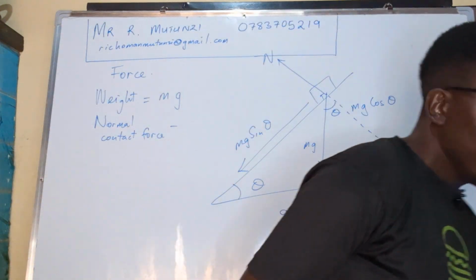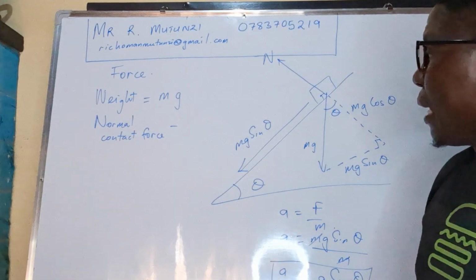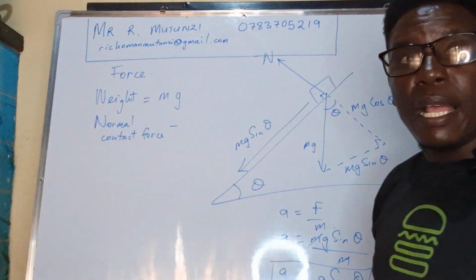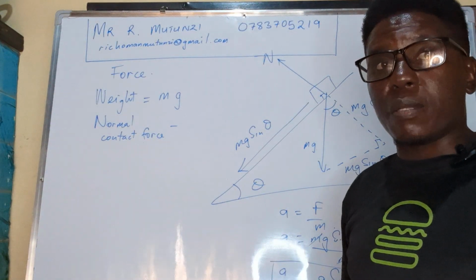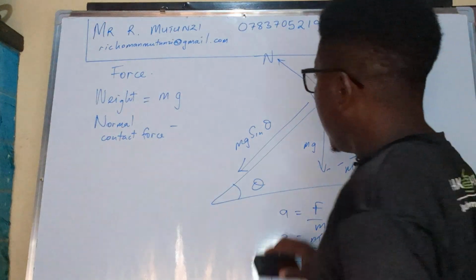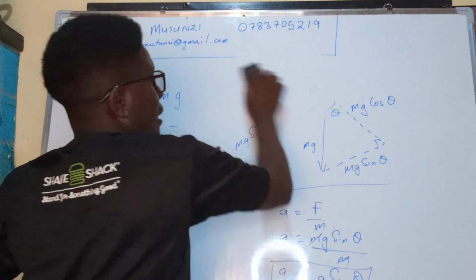So we want now to talk about, let's say a body now is resting on a surface that is not smooth, a rough surface. So allow me to erase this one.